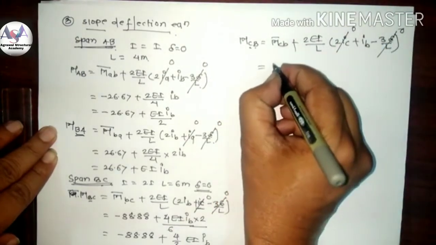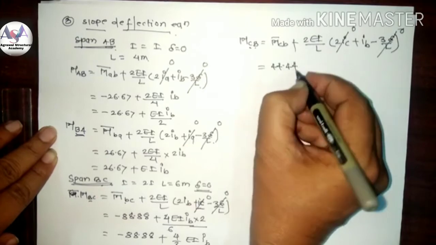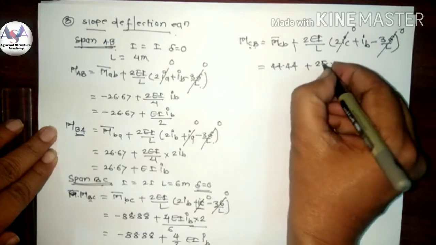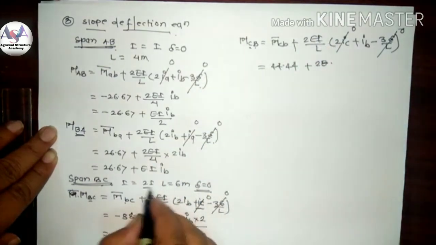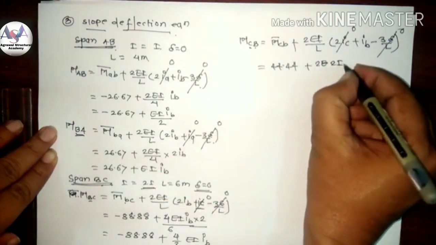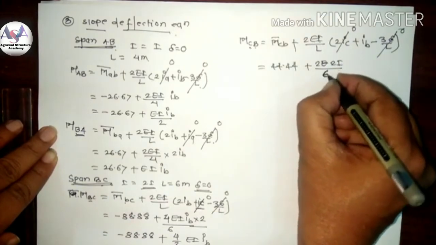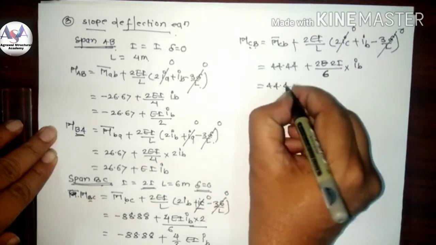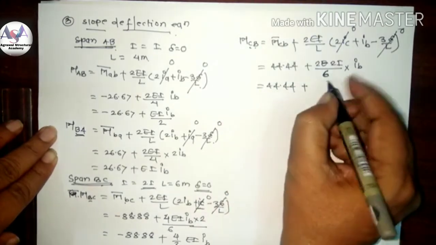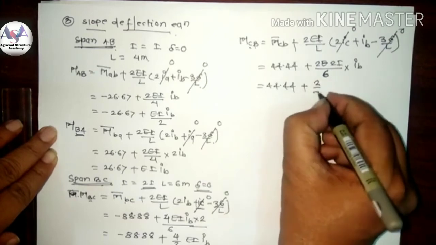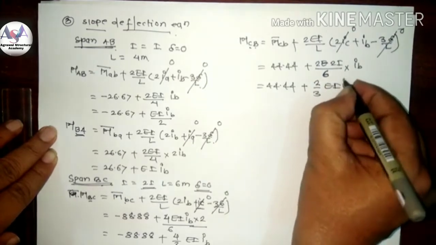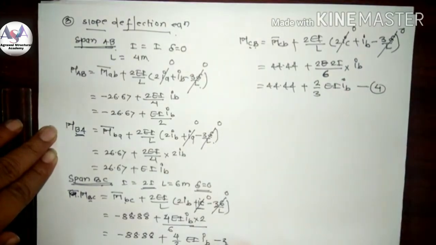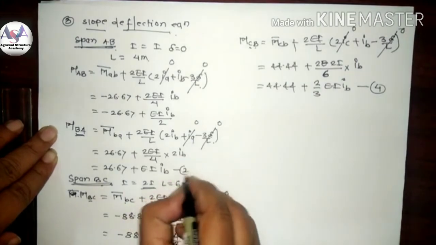So here it is 44.44 plus 2E, here I is equal to 2I, so put 2I divided by 6 into the θB. So this becomes 44.44 plus 2 by 3 EIθB. So this equation number is 4, this is 3, this is 2, and this is 1.